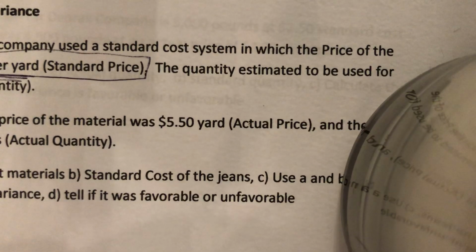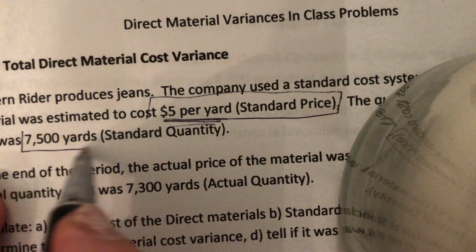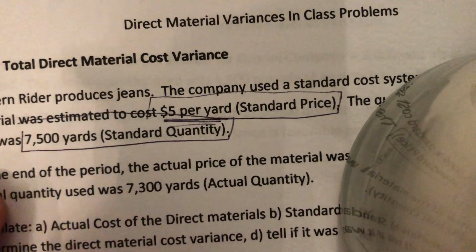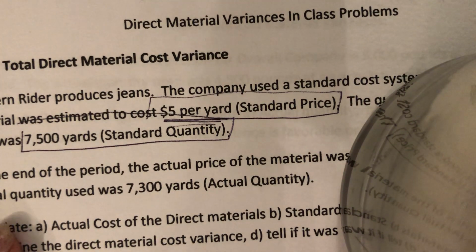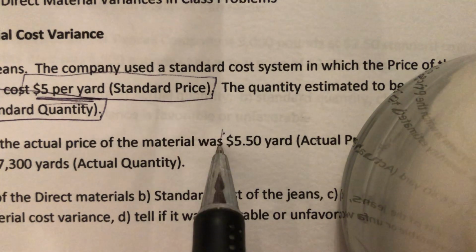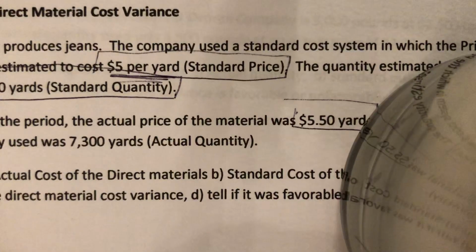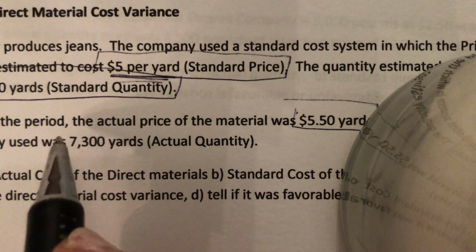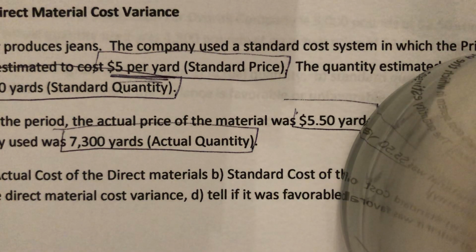And the amount that they intended to purchase to make the jeans was 7,500 yards. However, by the time they finished, they found out that the actual price they had to pay was $5.50 a yard. So obviously the supplier went up. And the actual quantity of materials that were used was 7,300 yards.